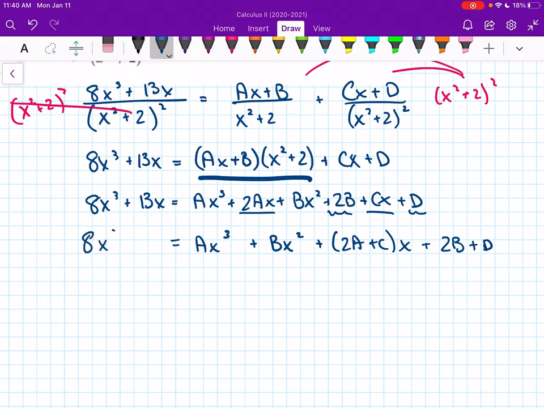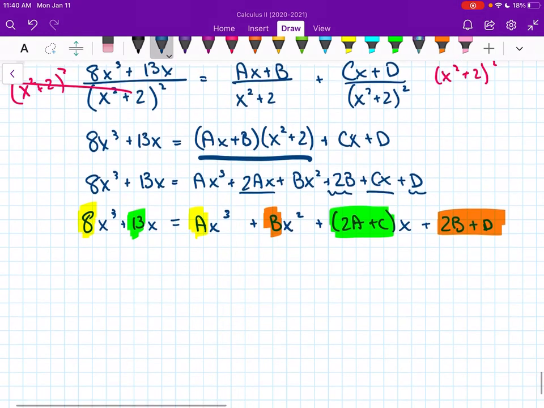And then when I look at my polynomial on the left-hand side, I can see that 8 has to be the coefficient in front of my cubic term, and that 13 has to be the coefficient in front of my linear term, meaning that both the b and the 2b plus d have to be 0, since those terms do not exist on the left-hand side.